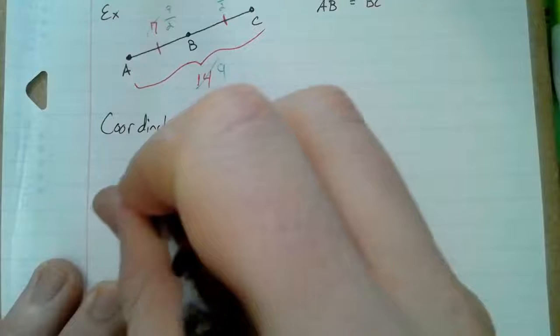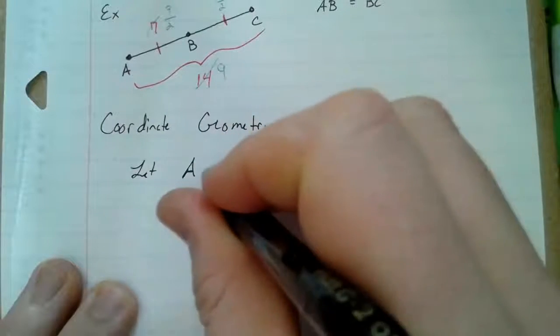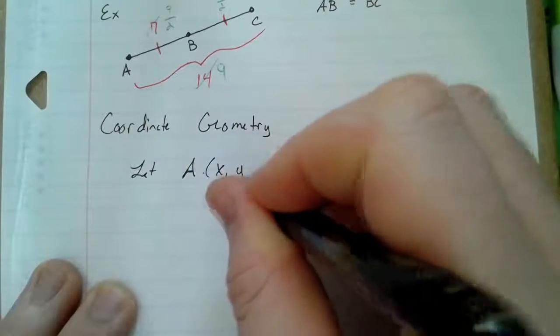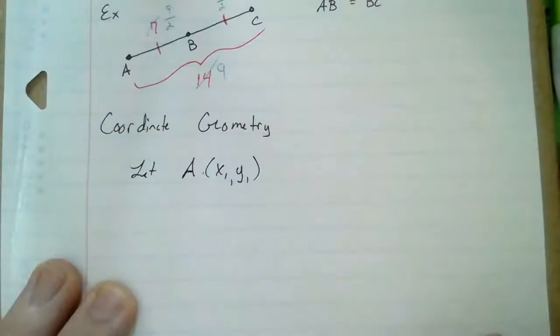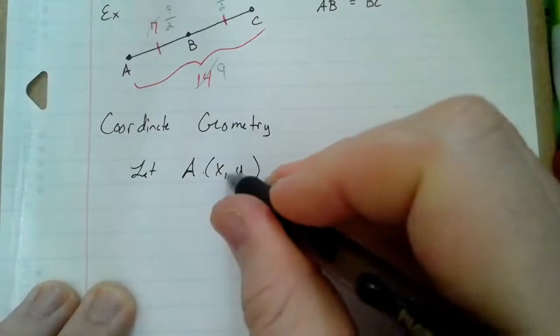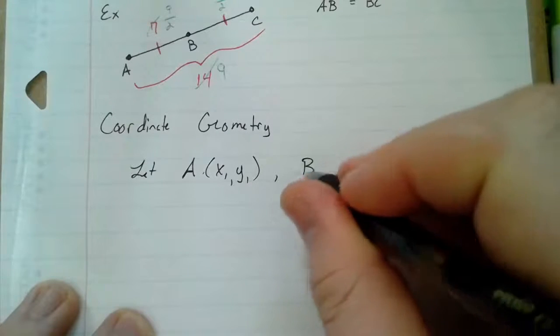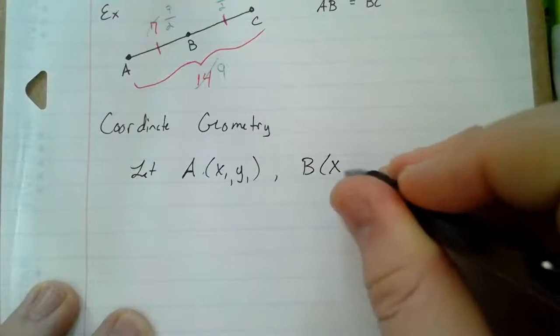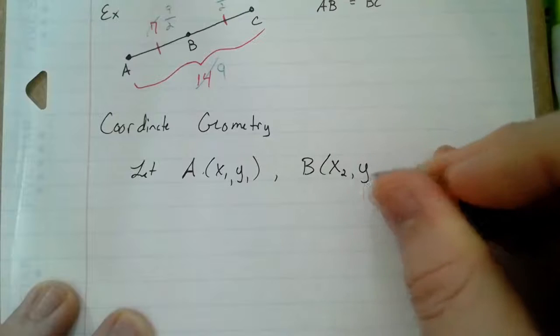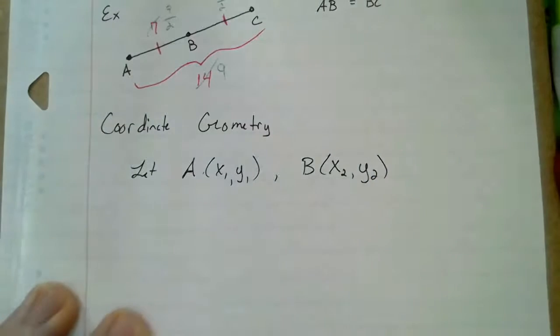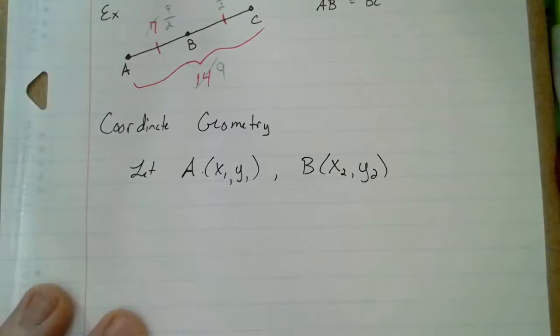So we're going to let A have coordinates, and we'll just go with x1, y1 for now. So it's an x with a little subscript 1, y with a little subscript 1. And we're going to let B have coordinates x2, y2. Now, if that's the case, then we can define a midpoint.